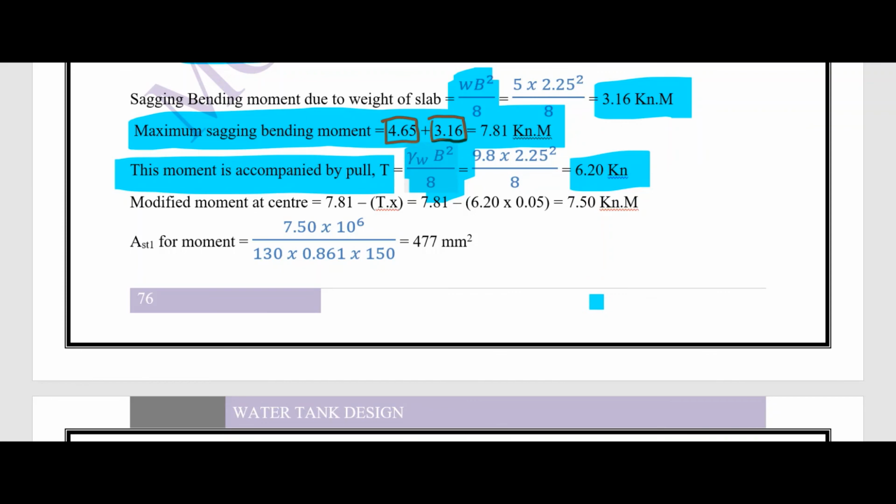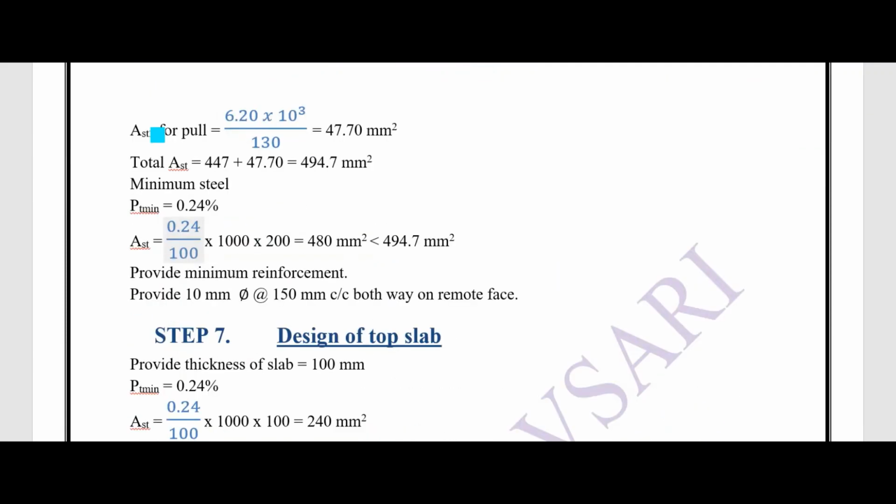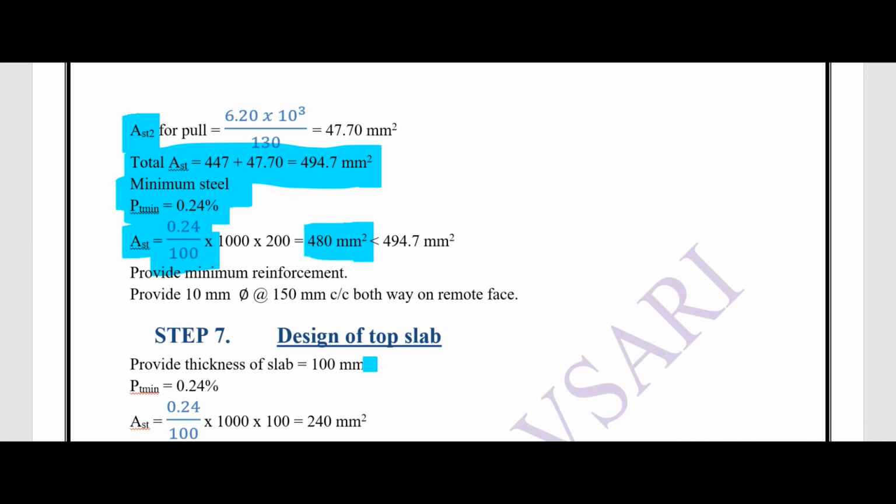Then after modified moment 7.50, AST1, AST2, total AST, minimum steel, PT 0.24%. So AST is 480, so provide minimum reinforcement. Provide 10 mm dia at 150 mm center to center, both way on the remote face.